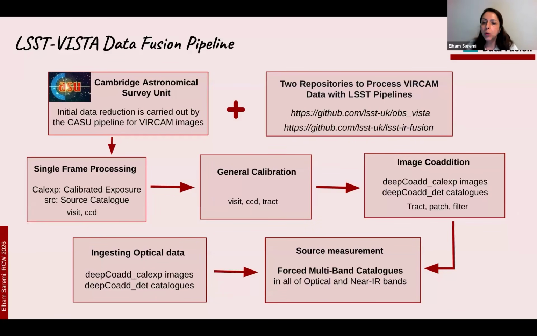Then we use 2 public repositories, OpsVista and LSST-IR Fusion. Together, they allow VIRCAM data to be processed inside the LSST framework. From this, we produce calibrated images, coadds, and multiband catalogs in both optical and near-infrared bands.